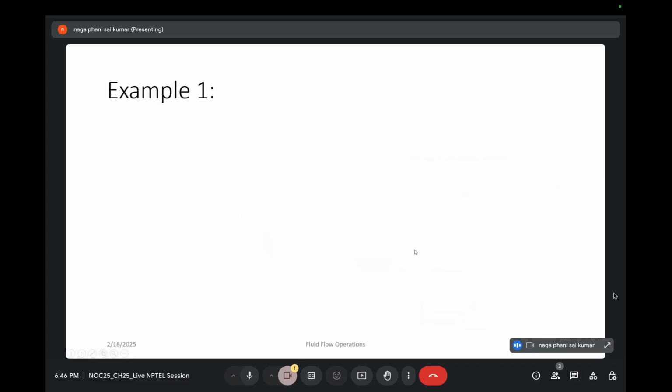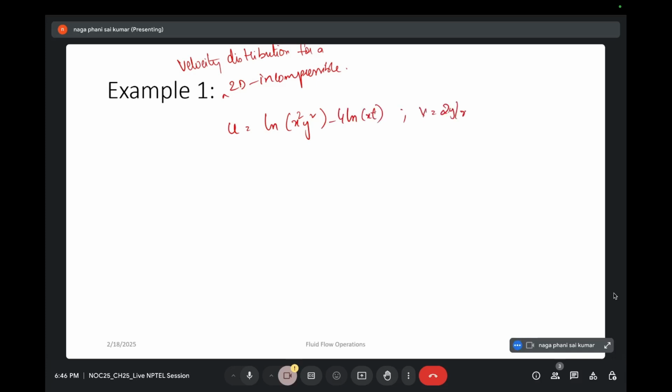Okay, let's do an example. Let's say the velocity distribution for a two-dimensional incompressible fluid is given by u is equal to ln x square y square minus 4 ln xt, and v is given as 2y by x plus 4 ln xt.